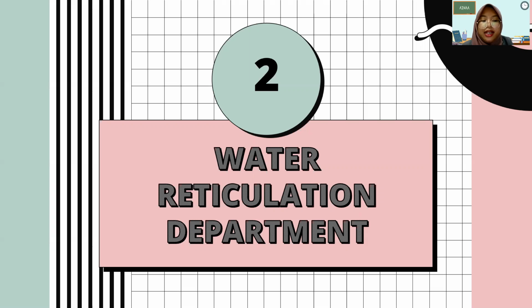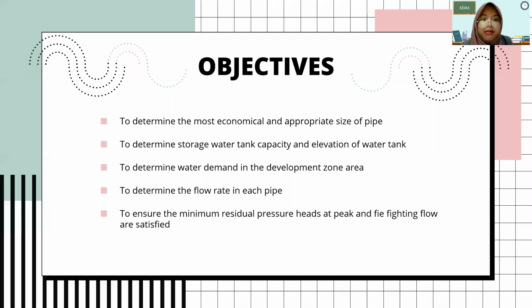Water reticulation is designed to meet the water demand requirement of consumer premises, which comprise residential areas, industrial areas, commercial buildings, and other types of premises at different pressure and water capacity.